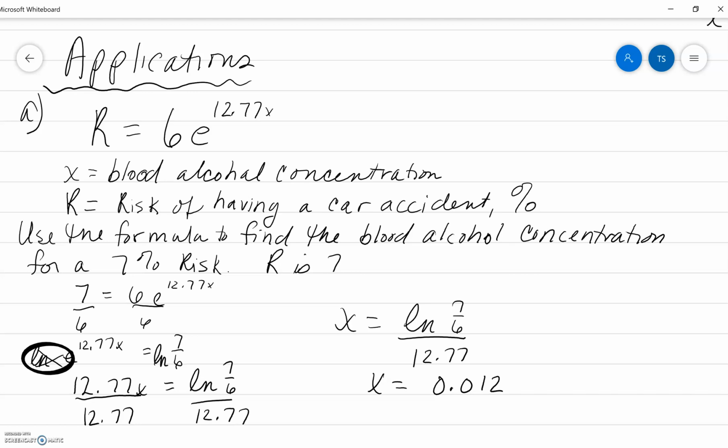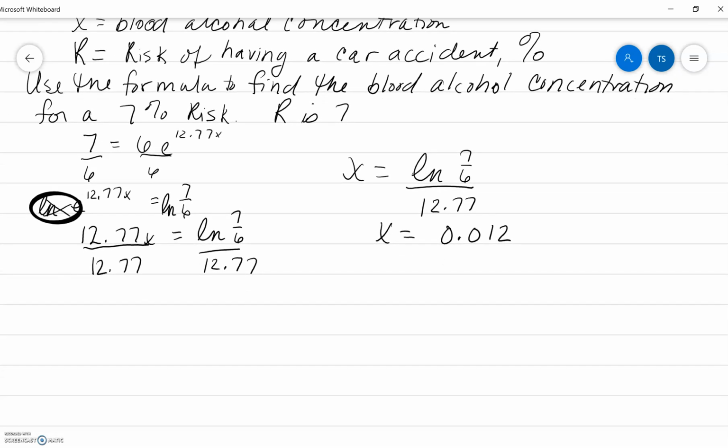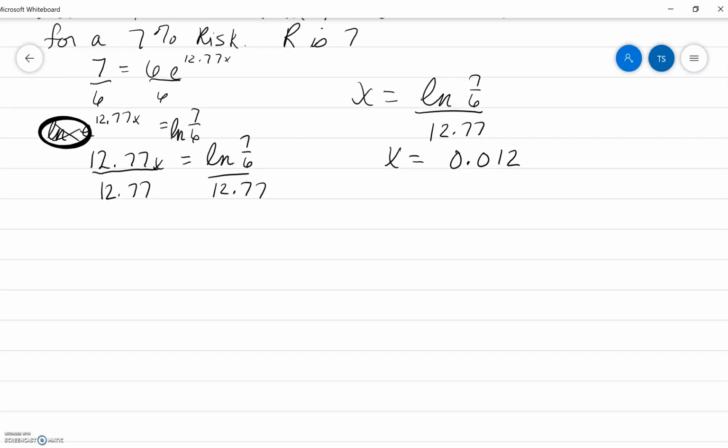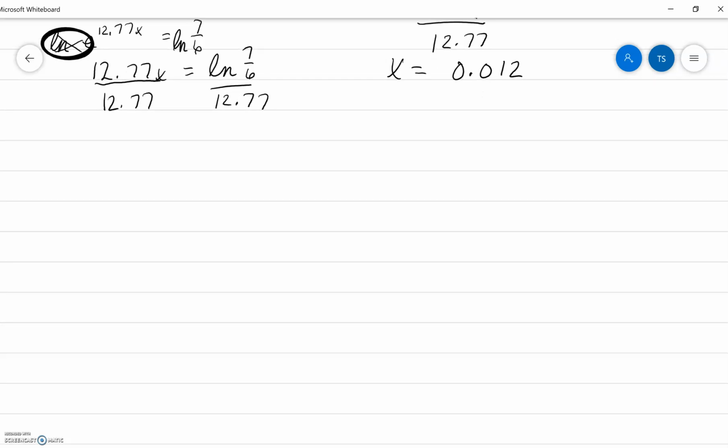The next application we're going to do has to do with compound interest. In section 4.1, we learned that the compound interest formula, the final amount, was equal to the principal times 1 plus r over n to the nt power, not at, that's nt power.